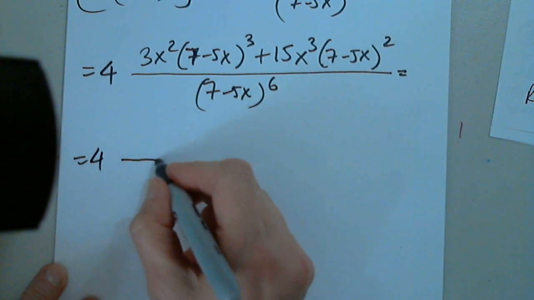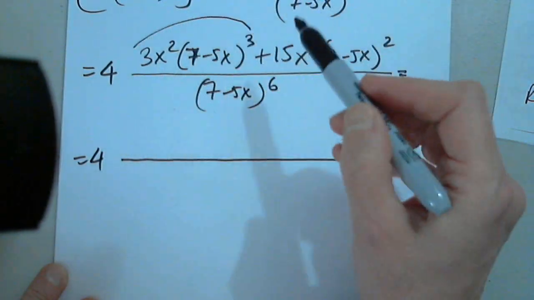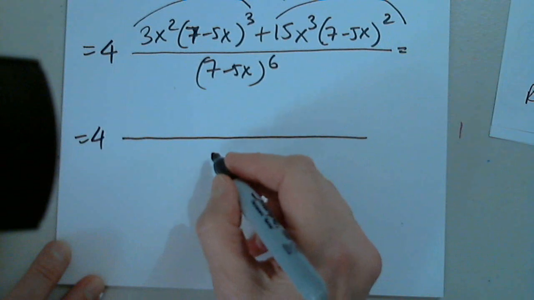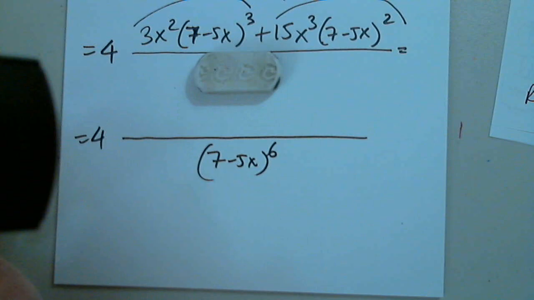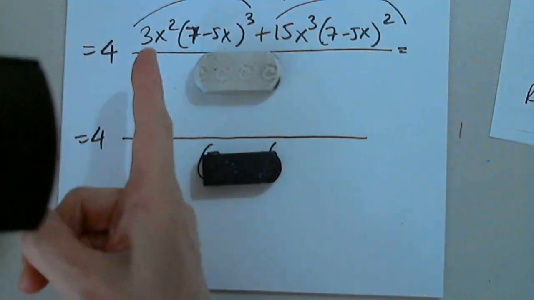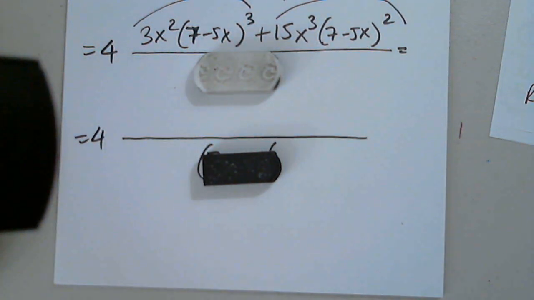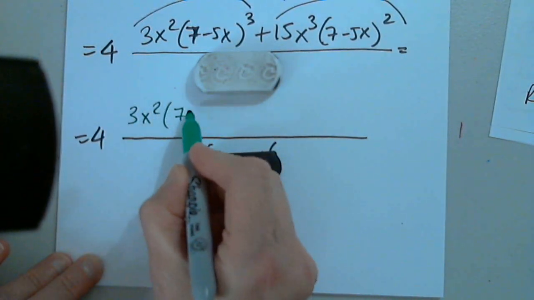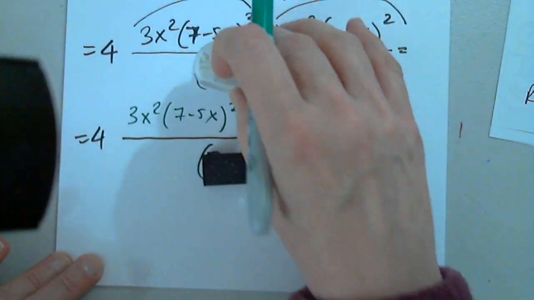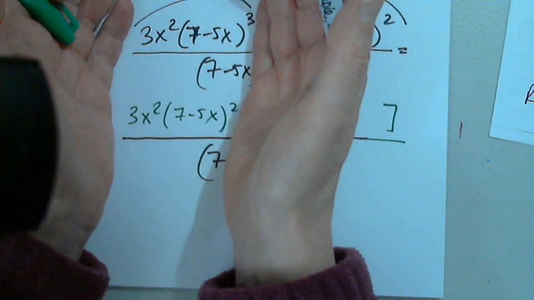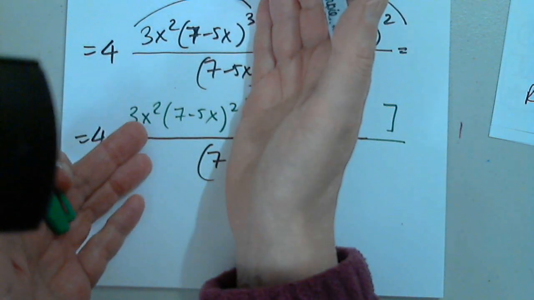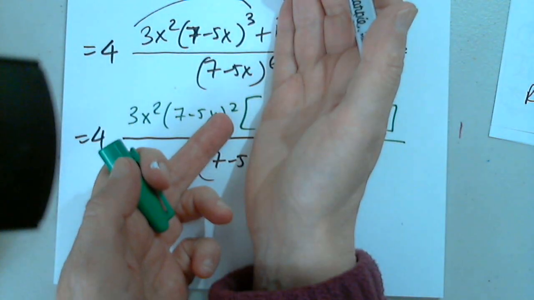So now we see that this term and this term both have common factors. Do not look at the denominator. Do not touch the denominator. So what are the common factors at the top? 3x squared and 7 minus 5x to the second power. Awesome. From this term, I have 3 out, I have x squared out, and from the third power I removed 2 of them.